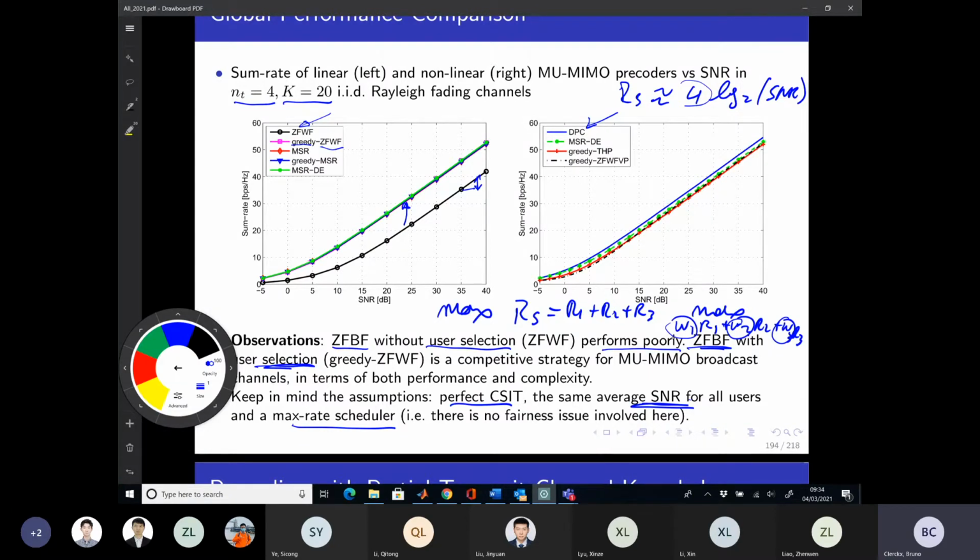So this would be 1 over the long-term rate of user 1, 1 over the long-term rate of user 2, 1 over the long-term rate of user 3. This is called sum rate maximization. This is called weighted sum rate maximization, where the weights are chosen according to the priority that you want to set for each of those users. One way of setting those weights in practice is using this proportional fair scheduler.